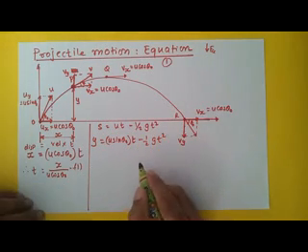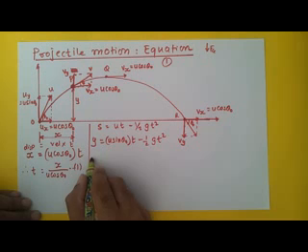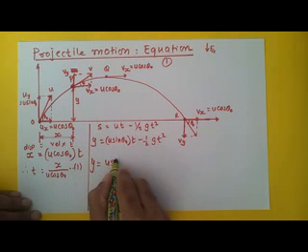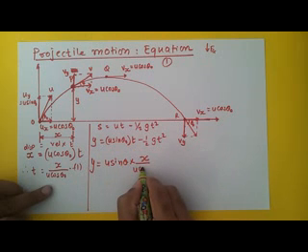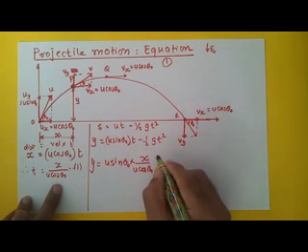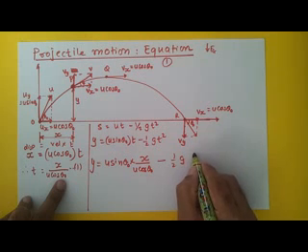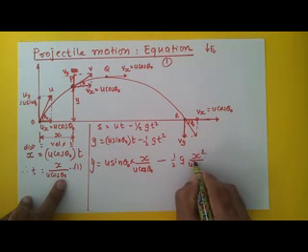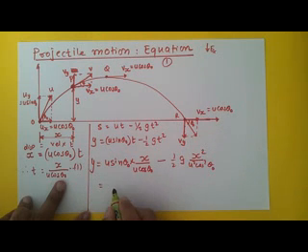Now, taking this value of t and putting it over here, I'll get y is equal to u sine theta 0 into t, which is x upon u cos theta 0, minus half g, and t is again x upon u cos theta 0, squared.